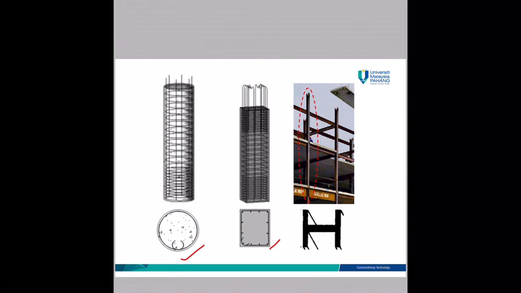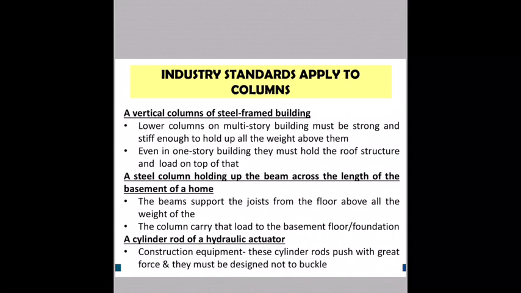For steel columns, you will have I shape, H, C, depending on the application and how much load the column must sustain. As for the standard applied to columns, you can read that there are three types of standard columns: a vertical column of a steel frame building, a steel column holding up the building across the length of the basement of a hull, and a slender rod of a hydraulic actuator.